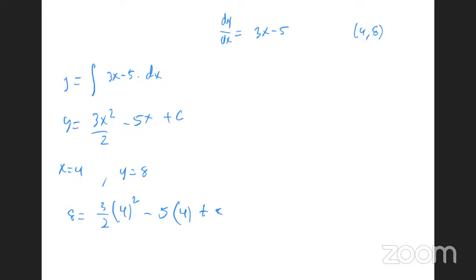How much did you get for c? 4. So your final equation is y equals 3/2 x squared minus 5x plus 4. So you just integrate and you get the equation. But remember, you still have to get c. Copy it down. Let's do the last one and we're done.